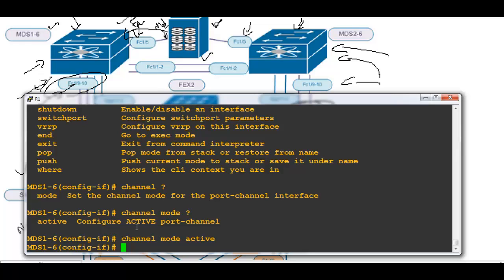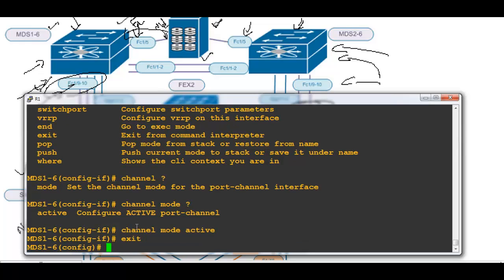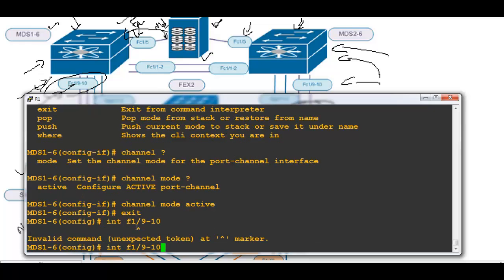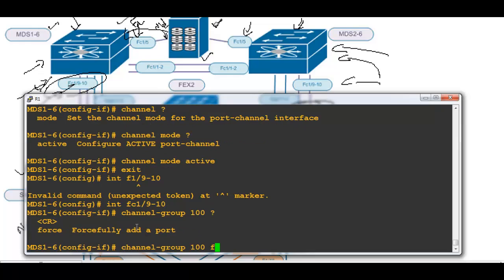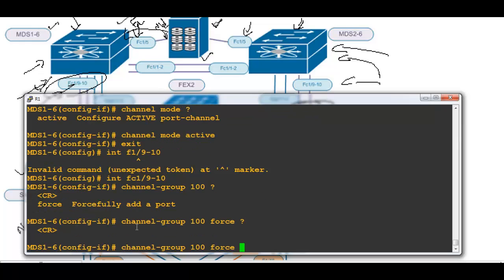Next is going under the interface. I go under interface, not fast Ethernet, FC 1/9-10. And we are going to say channel group 100 force. The force command must be given. That's it.